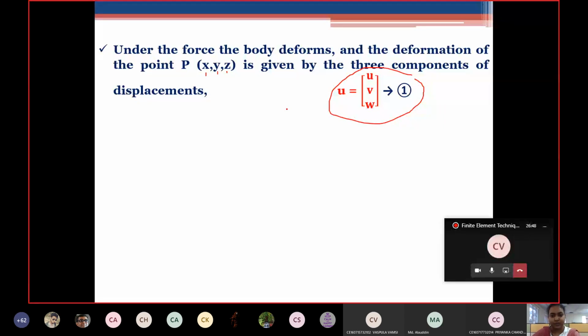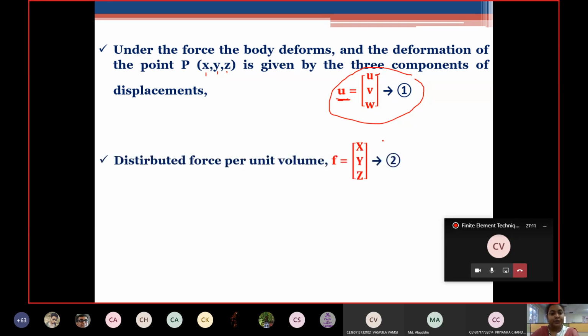That is what we saw in the previous class. So as displacement components, our u will be a component of u, v and w, all the three. u in x direction, v in y direction, w in z direction. First point, that is equation number 1.